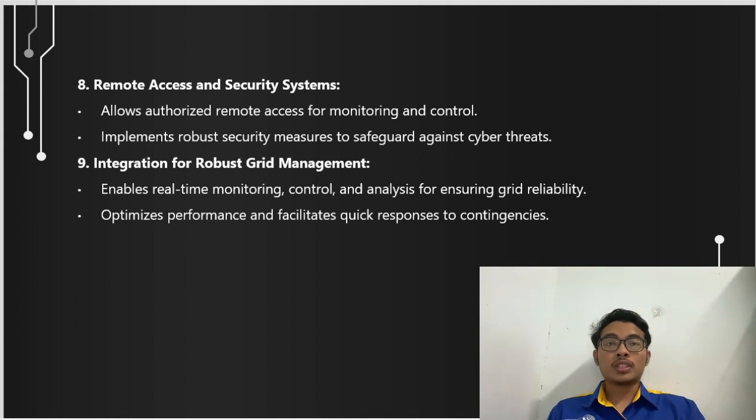Implement robust security measures to safeguard against cyber threats. And lastly, integration for robust grid management. Enable real-time monitoring, control, and analysis for ensuring grid reliability, optimize performance, and facilitate quick response to contingency.